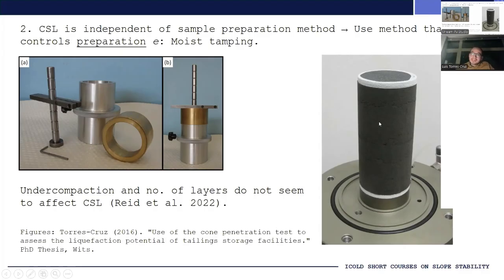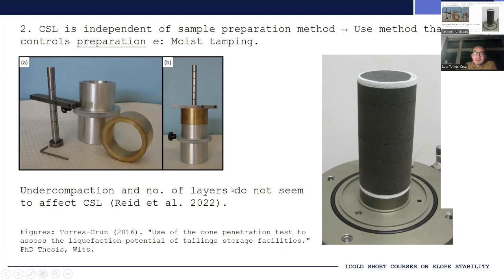And during that saturation process and during the consolidation process, there are going to be changes in void ratio that are impossible to control and even difficult to predict. So while the moist tamping method gives you control over your preparation void ratio, it doesn't give you control over the void ratio that the specimen is going to attain at the beginning of the triaxial test.